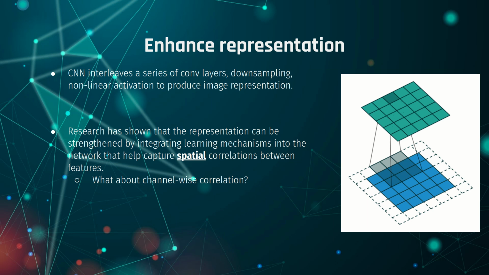The convolutional neural network is a bunch of different operations: convolutional layers, max pool, which is downsampling, and activation functions, and this whole set of operations produces a representation of a certain image.